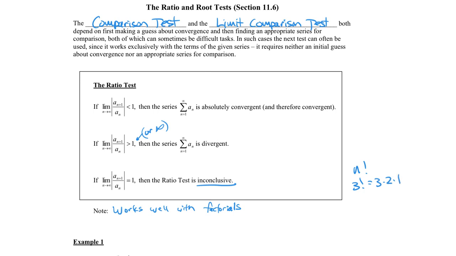We don't really see factorials a lot in calculus because factorials appear most of the time in discrete math courses like discrete math or maybe finite math or probability and statistics. Calculus typically doesn't have them, but they definitely show up in calculus when we have series. So when you see a factorial, right away you just think ratio test.